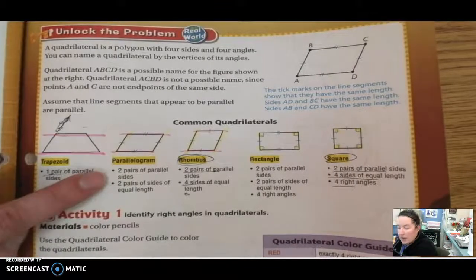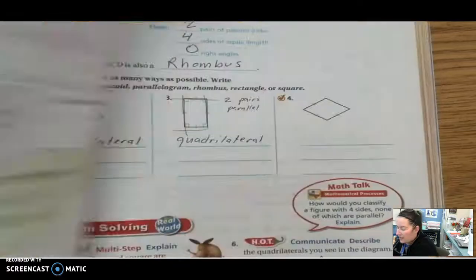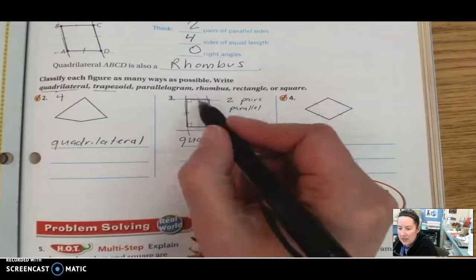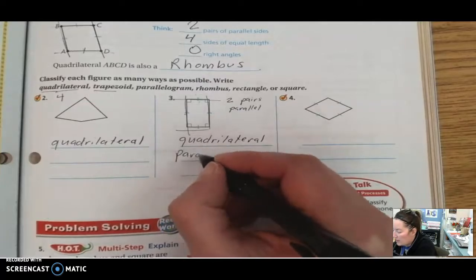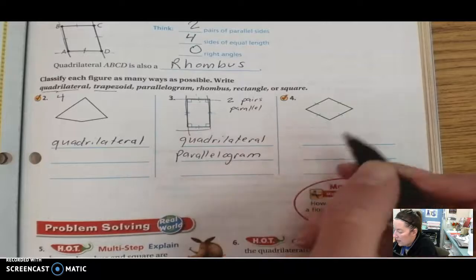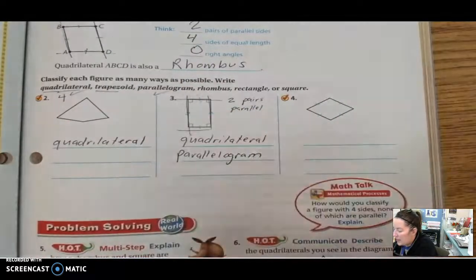Is it a parallelogram? 2 pairs of parallel sides, 2 pairs of sides of equal length. So this side is equal to this side, and this side is equal to this side. So yes, this is a parallelogram. Okay, so it was a quadrilateral, not a trapezoid. Yes, it is a parallelogram.